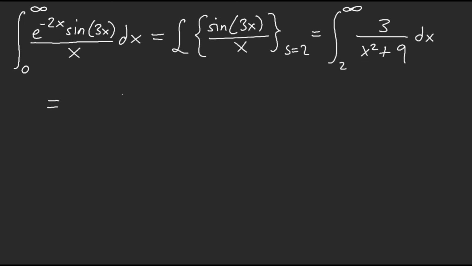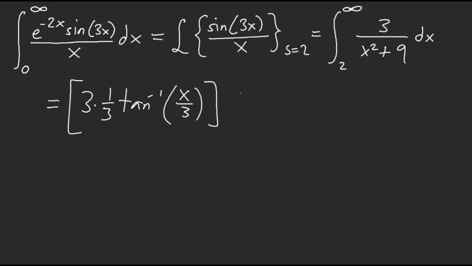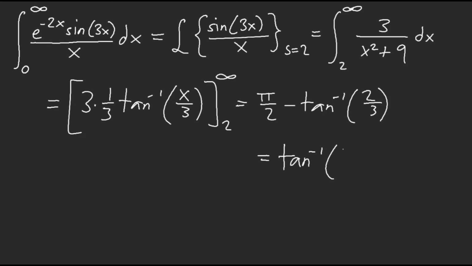This is 3 times 1/3 inverse tangent of x over 3 from 2 to infinity. Now this is equal to pi over 2 minus inverse tangent of 2/3. Technically, with a trig identity, the answer is simply inverse tangent of 3/2.